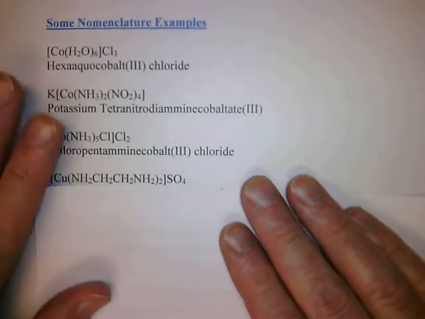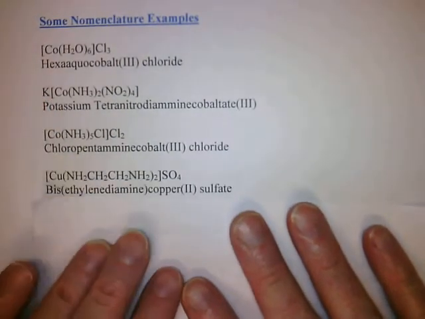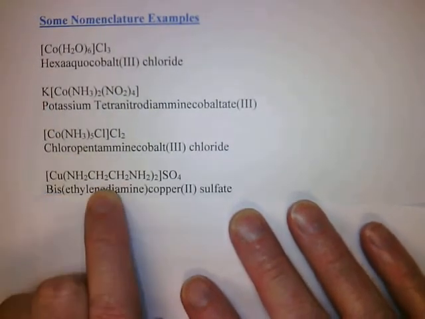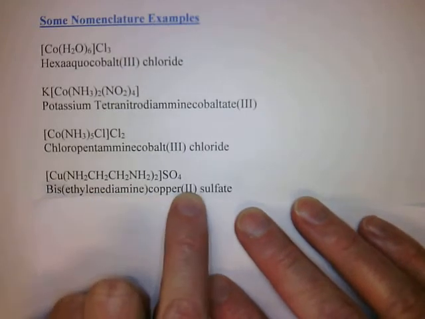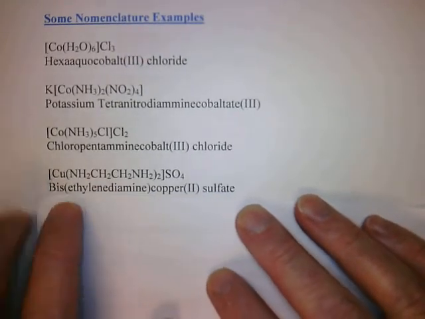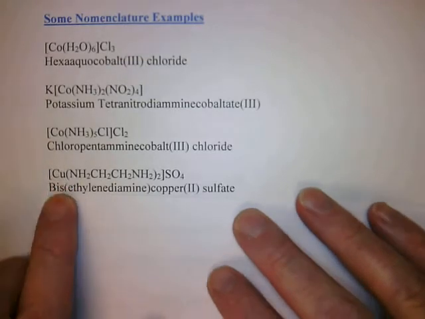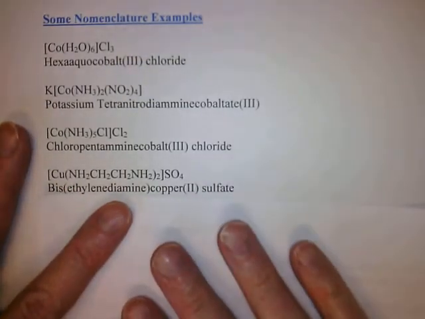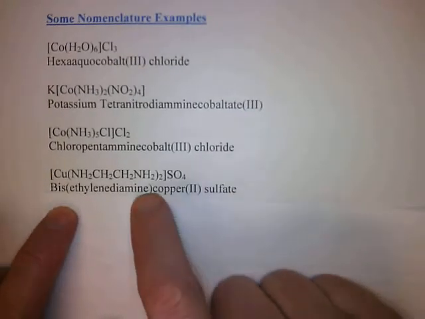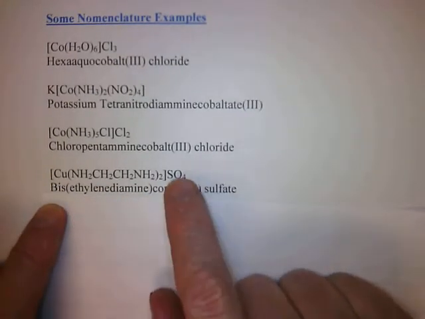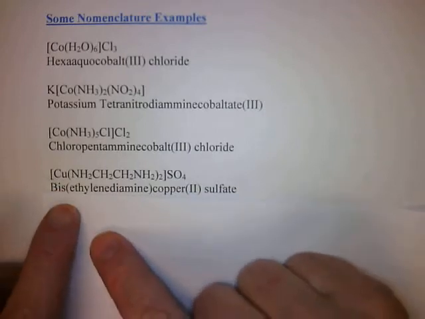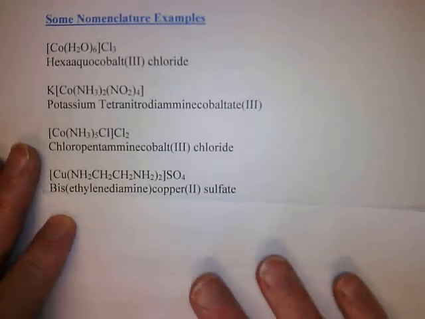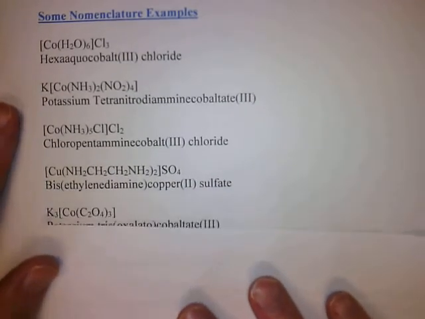We're going to say our full name then is going to be bis, ethylene diamine, copper 2 sulfate. And notice I put the name of the ethylene diamine in parentheses, okay? Whenever you use the alternate set of prefixes, you put the ligand name in parentheses. So it's bis, parentheses, ethylene diamine, copper 2 sulfate.